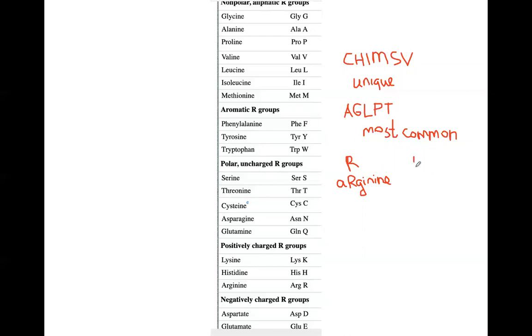How about F? What do you think F is? Can you find F? Phenylalanine, if I'm saying that right. You can say it many different ways.